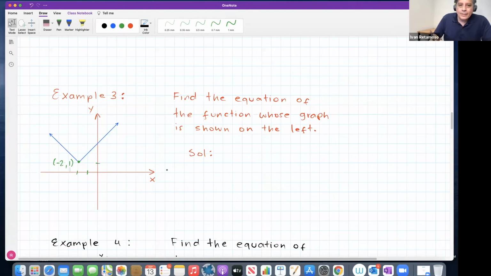It means that the original vertex of the absolute value function was moved 1 unit up and 2 units to the left, right? Not hard to see.